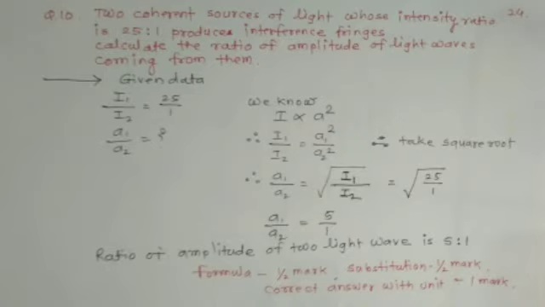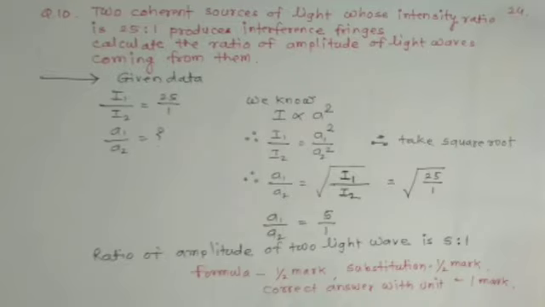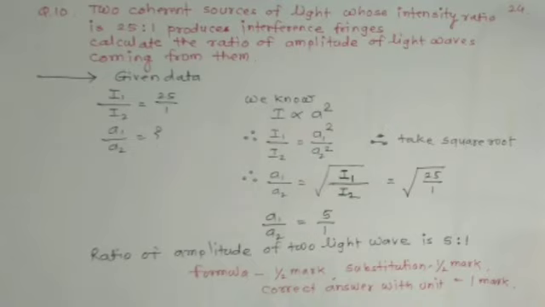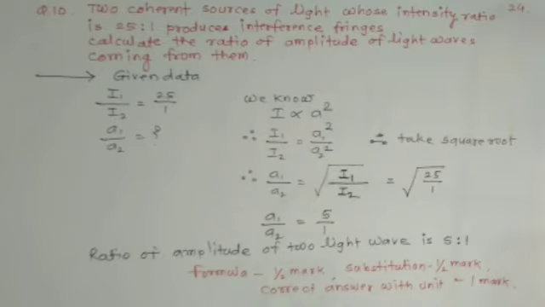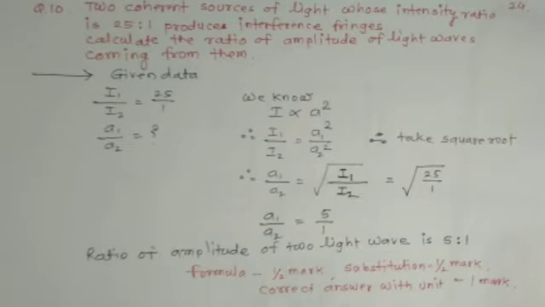So the answer is, first of all, in the question the given data is I1 upon I2 is equal to 25/1, and we can find A1 upon A2. First we know that I is directly proportional to A square, where A is amplitude and I is intensity. Therefore we can write I1 upon I2 is equal to A1 square upon A2 square.